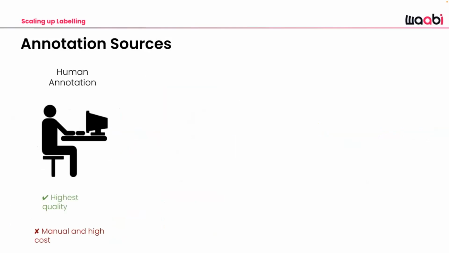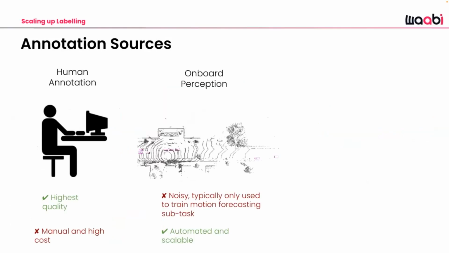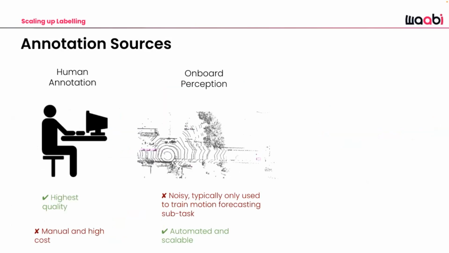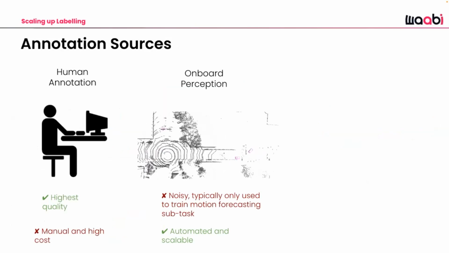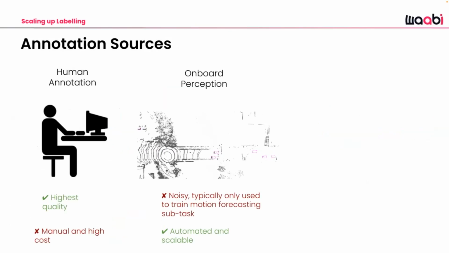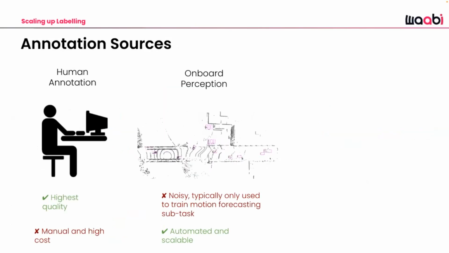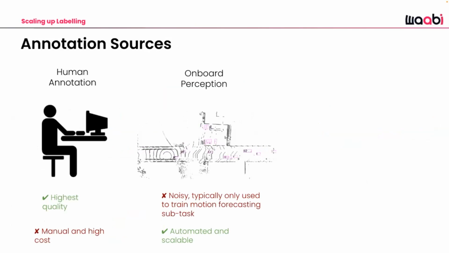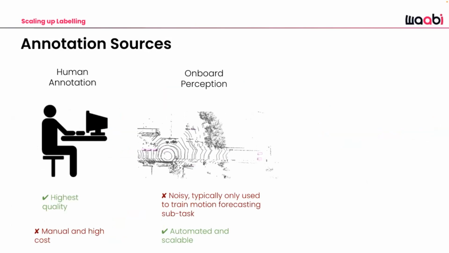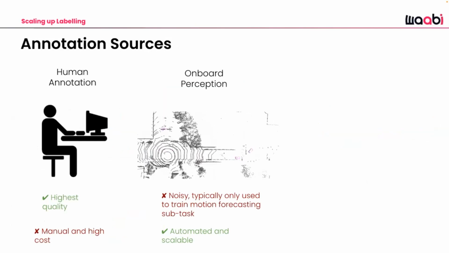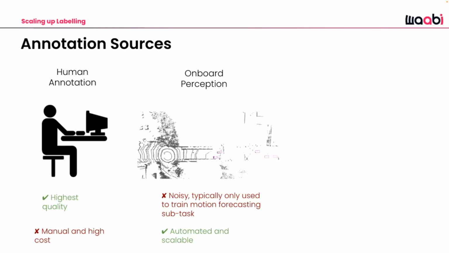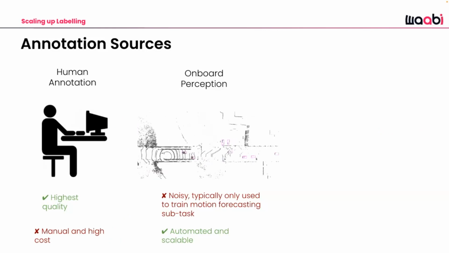Now, for tasks like motion forecasting, as we hinted at in that example from Cruise, you can actually use the output of an onboard perception system itself for the annotations, because you are no longer restricted to a limited view of the time dimension, so you can compute very, very accurate trajectories offline and use these to supervise prediction. Now, these results are still kind of noisy, so while they can be useful for training motion forecasting, you cannot directly use them to improve the detector itself.